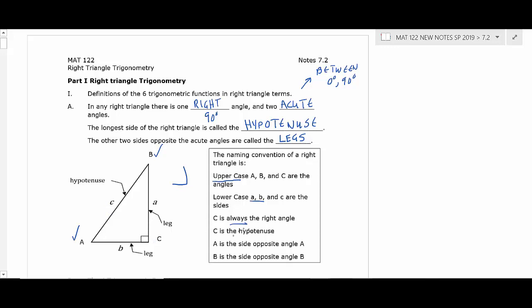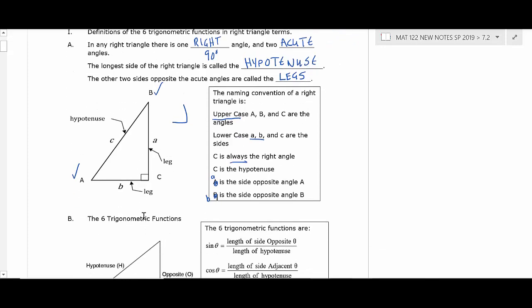I think I made a typo on this. Lowercase a is the side opposite angle A, and lowercase b is the side opposite angle B, so you probably want to make that change. A is opposite angle A, B is opposite angle B, c is opposite angle C. That's the standard naming convention and the parts of a right triangle.